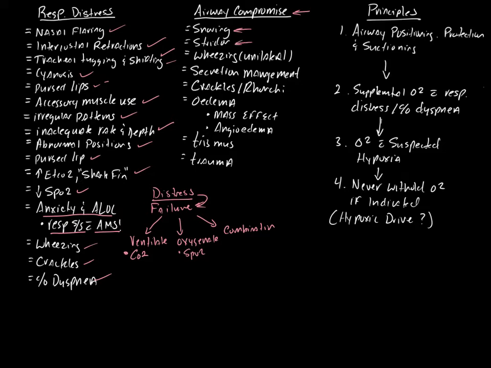That is almost always upper airway, right? It could be a foreign body. It could be edema as well. So things like epiglottitis, tracheolaryngeal bronchitis, also known as croup, right?